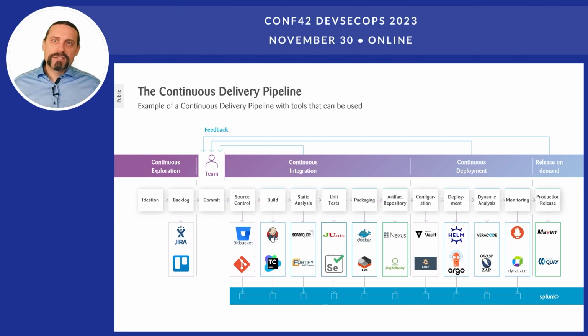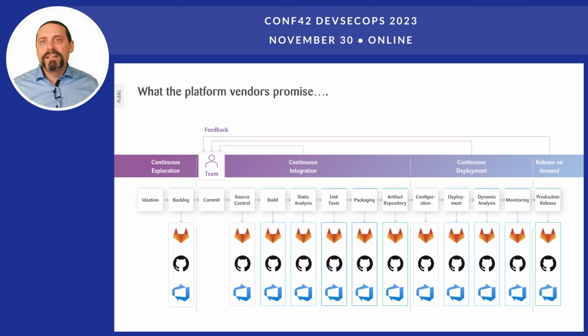And you can see in such a continuous delivery pipeline, you have quite a lot of tools which need to be integrated with each other. Of course, there are vendors out there which promise you to cover the whole continuous delivery pipeline. They are coming with their DevSecOps platform.